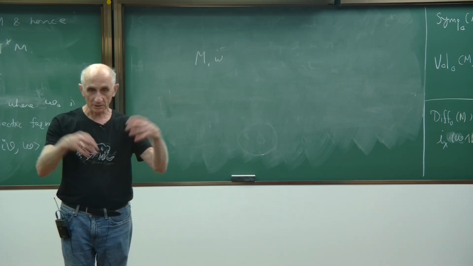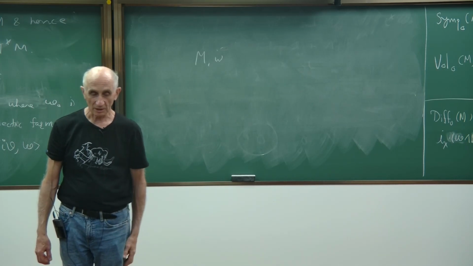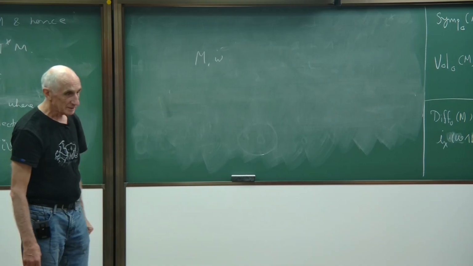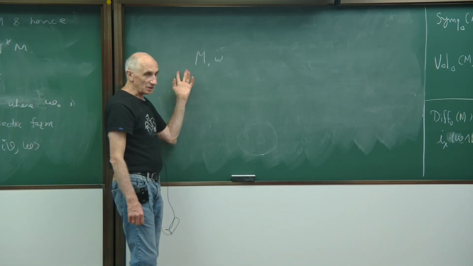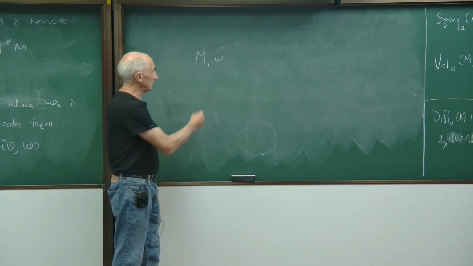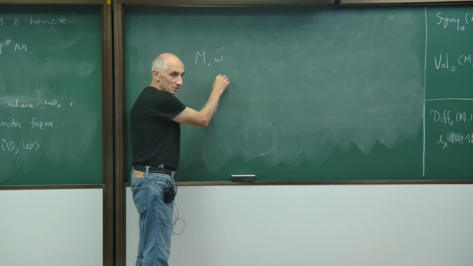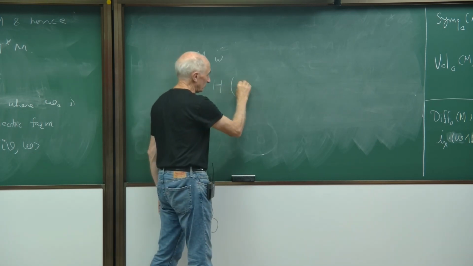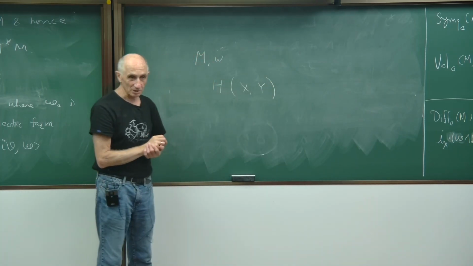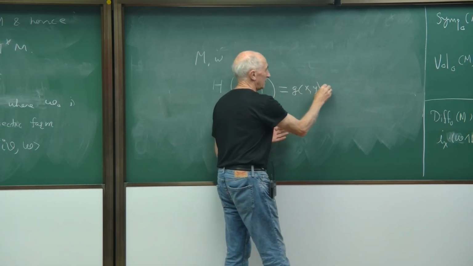So if you have a complex manifold which admits a Kähler structure, then the imaginary part of the Kähler structure is a symplectic form, non-degenerate. And this Kähler structure in addition has this property: it means it admits some Hermitian metric. On every tangent space you have a Hermitian metric, and this Hermitian metric has a real part and an imaginary part.